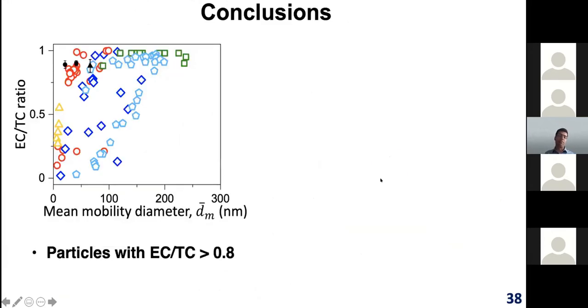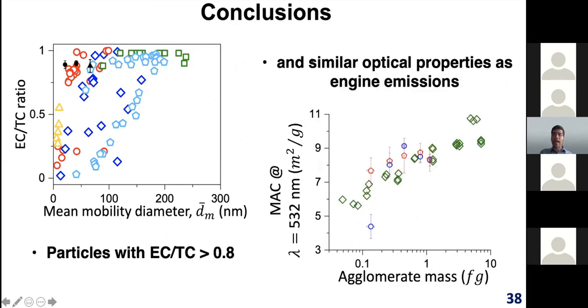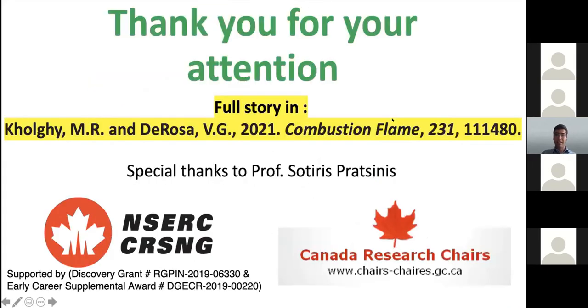FSP-made soot particles are very rich, at least for the conditions that we tested, in terms of elemental to total carbon ratio. And they have similar optical properties as high EC to TC ratio soot that is emitted from different sources. With that, I would like to thank you for your attention, and I would be happy to answer any questions.